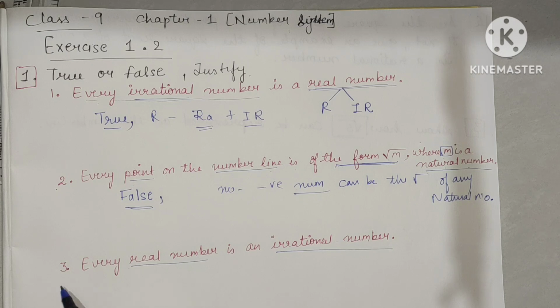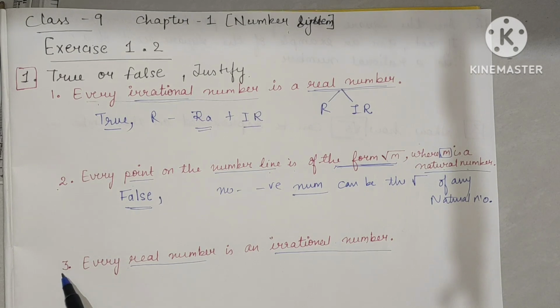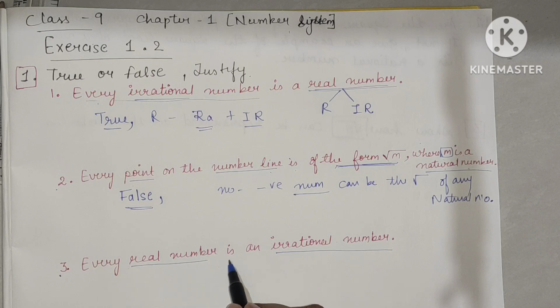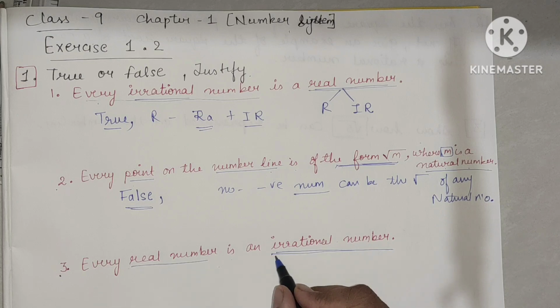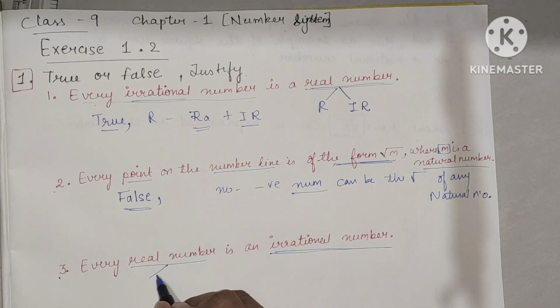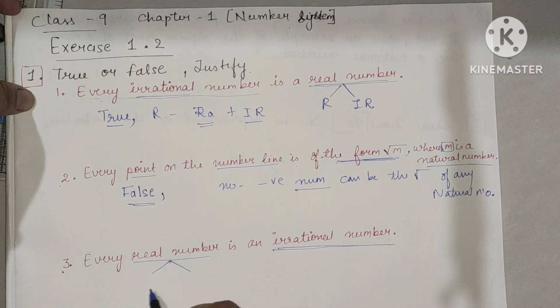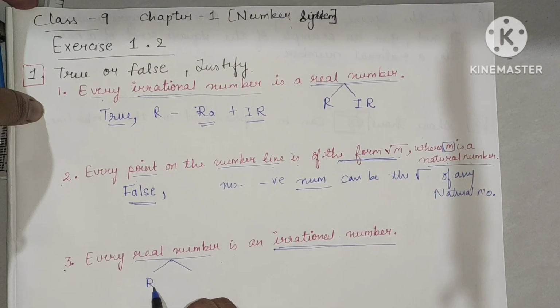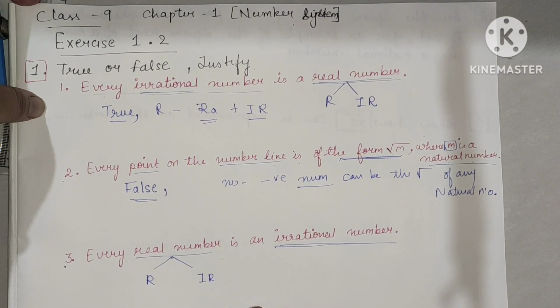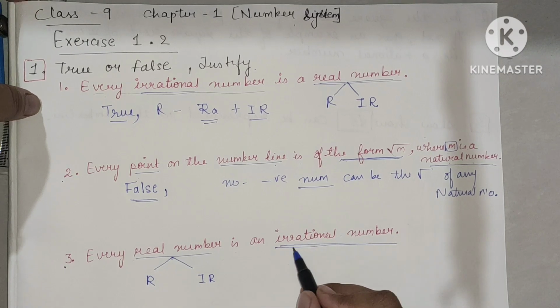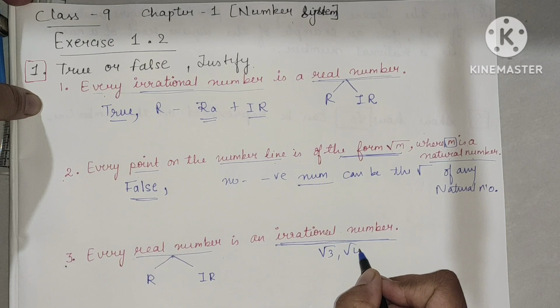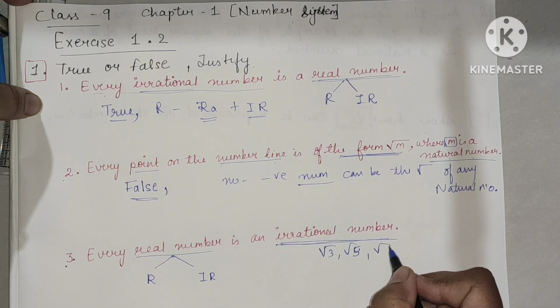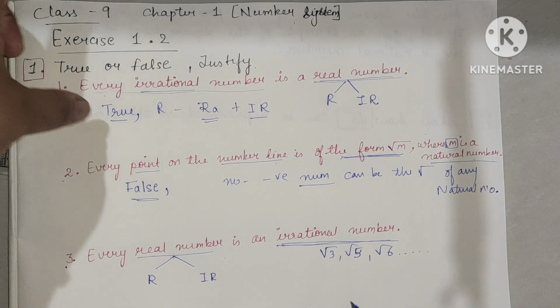Now we'll see the third statement. Every real number is an irrational number. As we have seen in the first example, real numbers are rational and irrational. Irrational examples can be root 3, root 5, root 6 and so on.